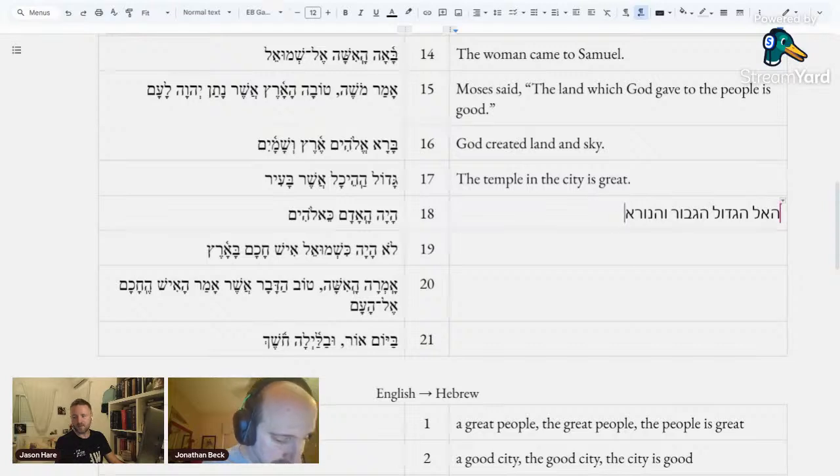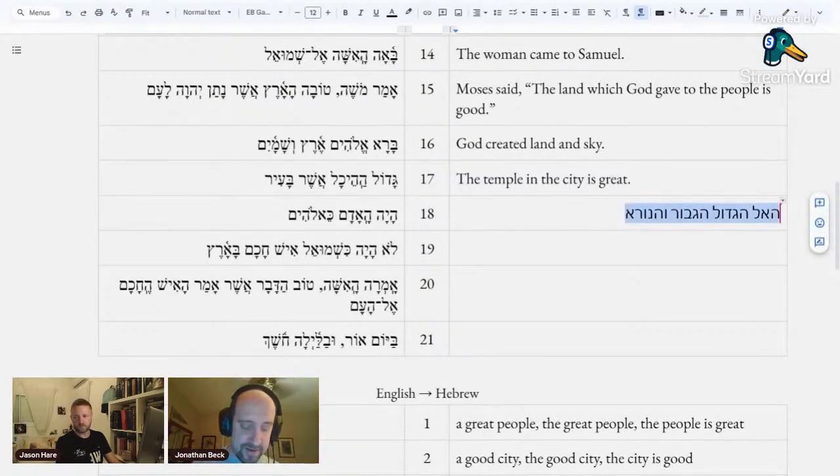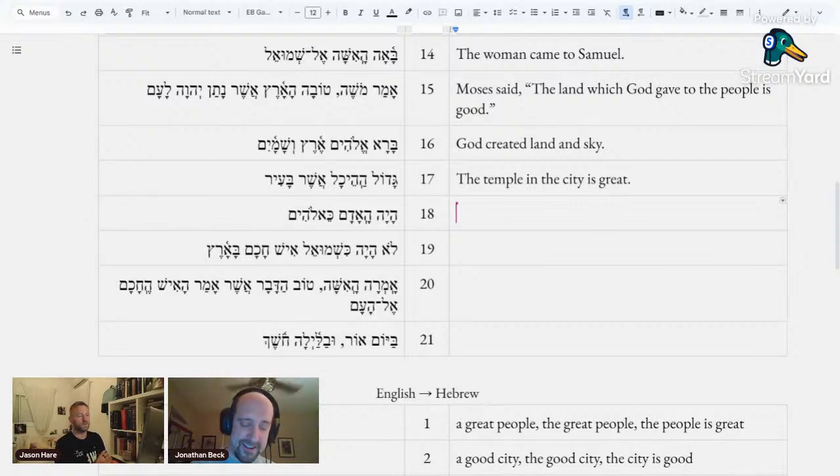The great, powerful, and awesome God. So when you say God is gadol, you don't mean that he's big. You mean that he's great in a symbolic, figurative way. You can even say that, like, if something really cool happened, you say gadol. It means great, but that's not the most common way to say it.